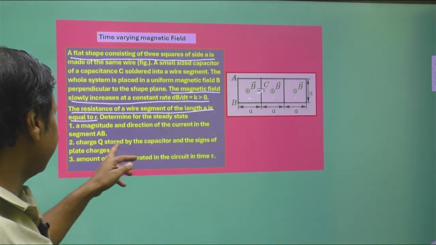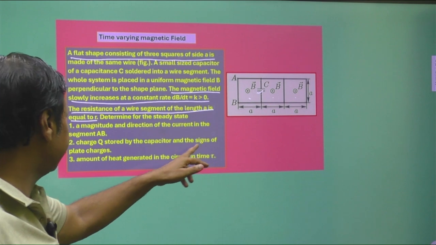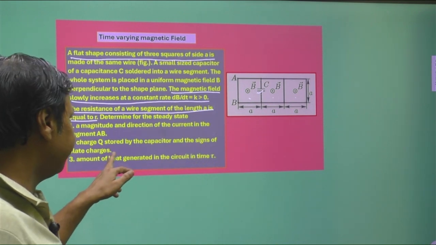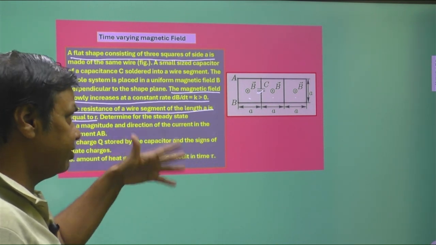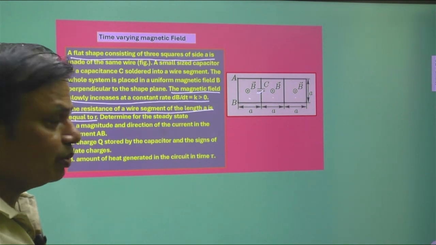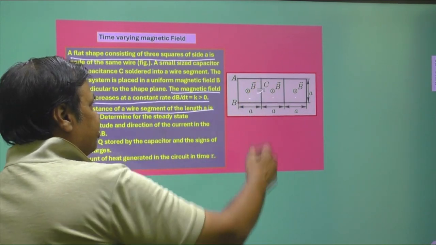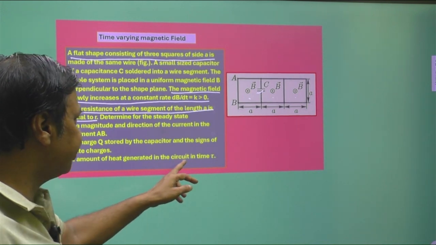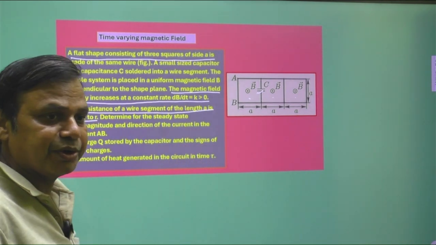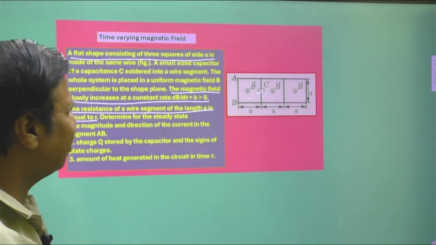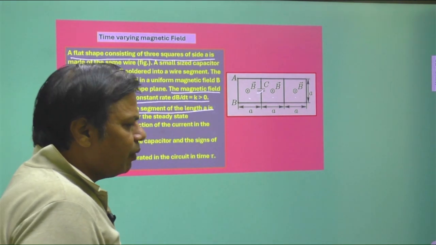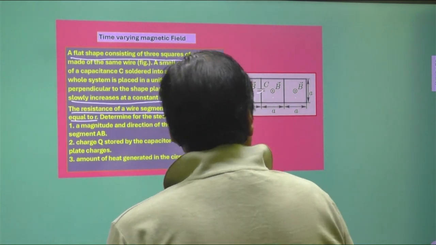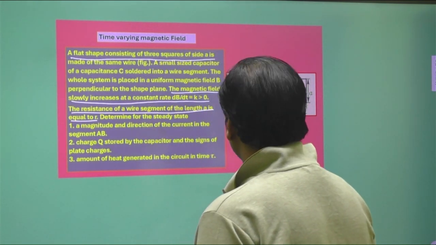The charge Q stored by the capacitor, and the signs of plate charges, that means we have to find out which plate is positive and which is negative, and the amount of heat generated in the circuit in time tau.